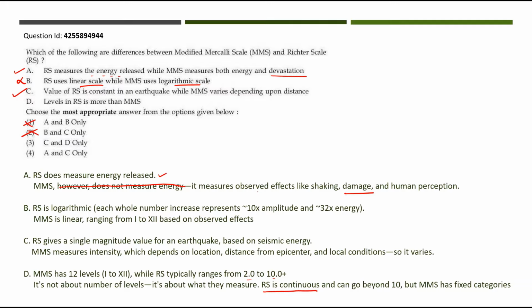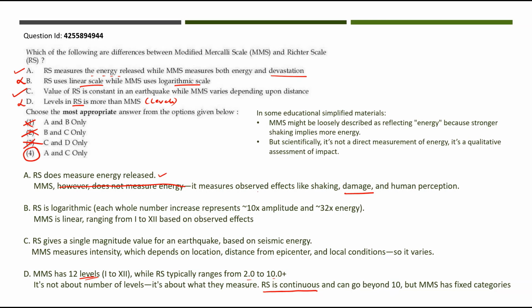Levels are present only in modified Mercalli scales. Taking that into consideration, we can say D is wrong, because Richter scale is continuous and levels are present only in Mercalli scale. So we will remove even option 3. Option number 4, A and C only will be the right answer.